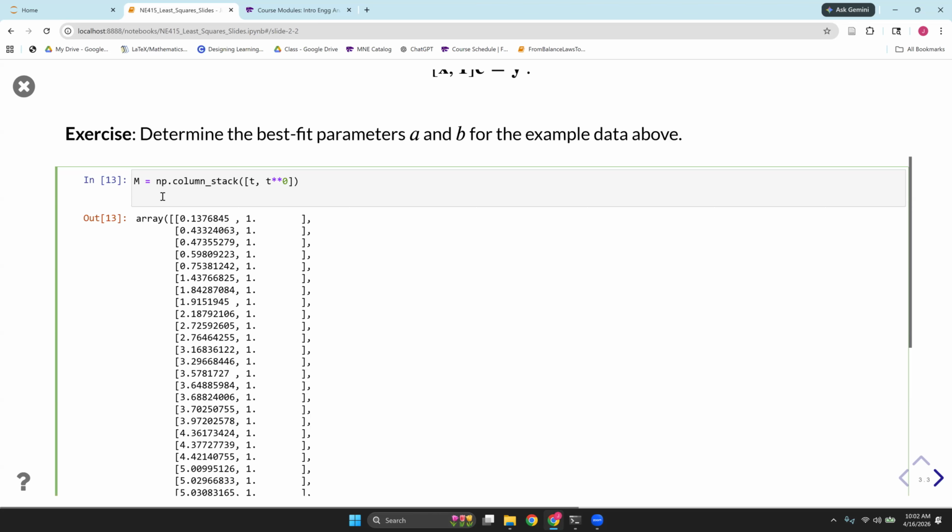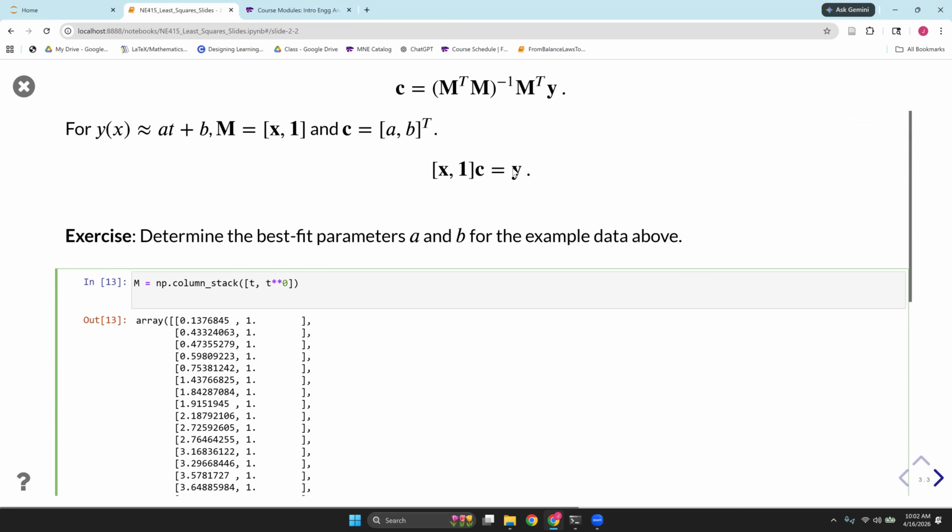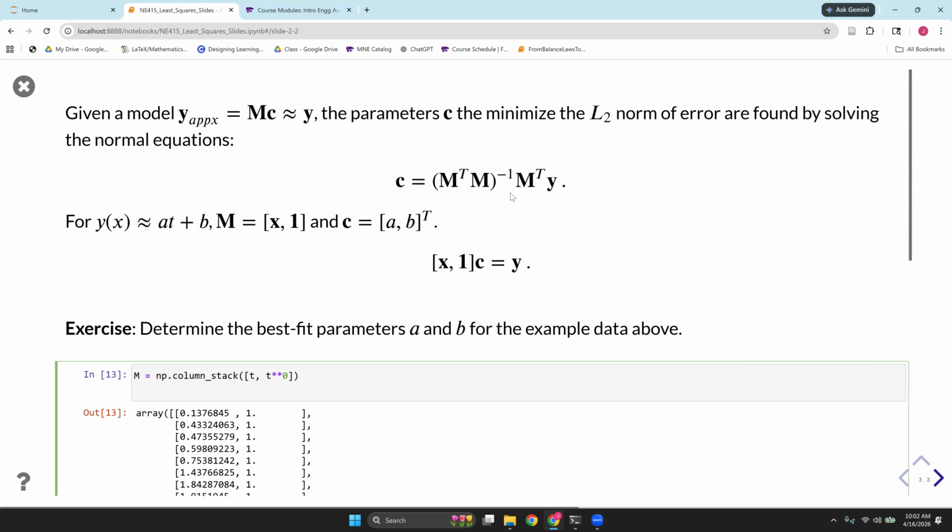So we've got the M. That looks good. And then we need to define this system. If I'm telling you here that C is the solution, what is the linear system that is actually being solved? By inspection, what is the matrix equation that is ultimately being solved?